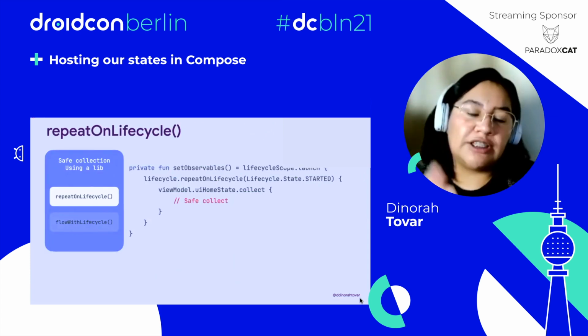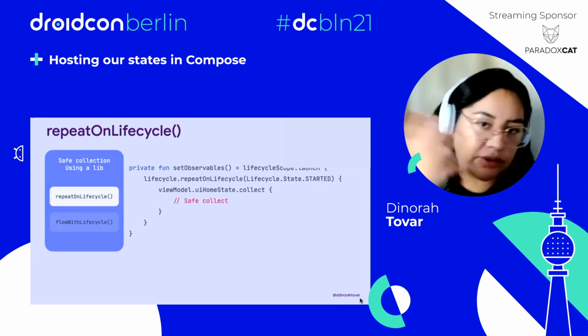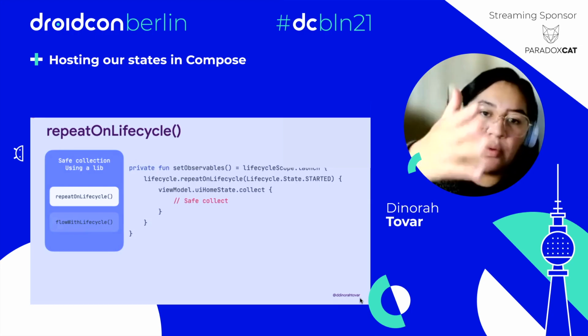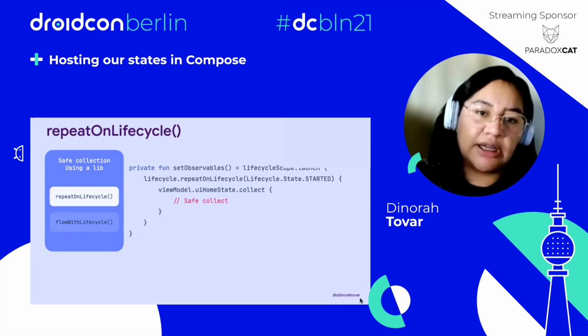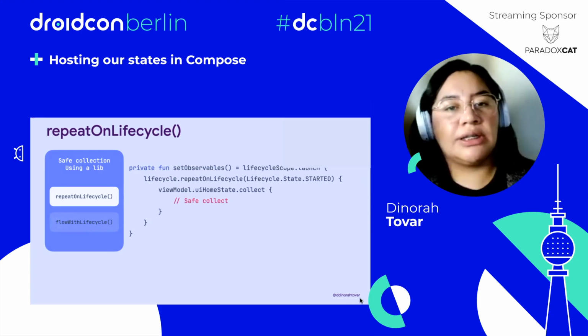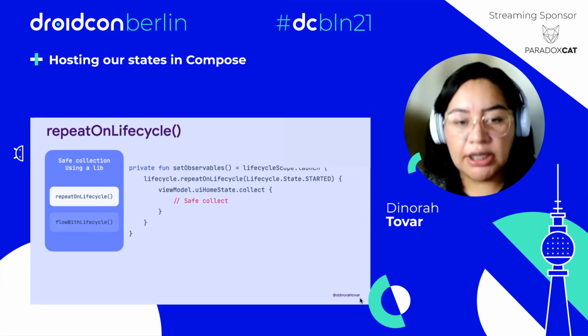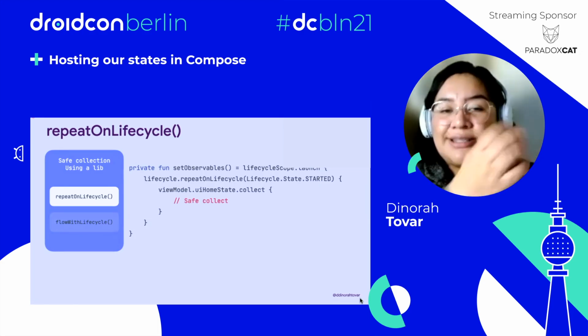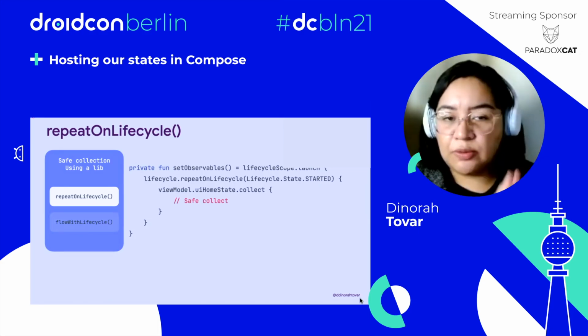You have a lifecycleScope that usually is your activity or something like that, and you are going to launch the scope. Inside the scope, you are going to use repeatOnLifecycle, and you are maybe using onStarted, onResumed, or something like that. Once you do that, you can start collecting, and the collection will be safe.